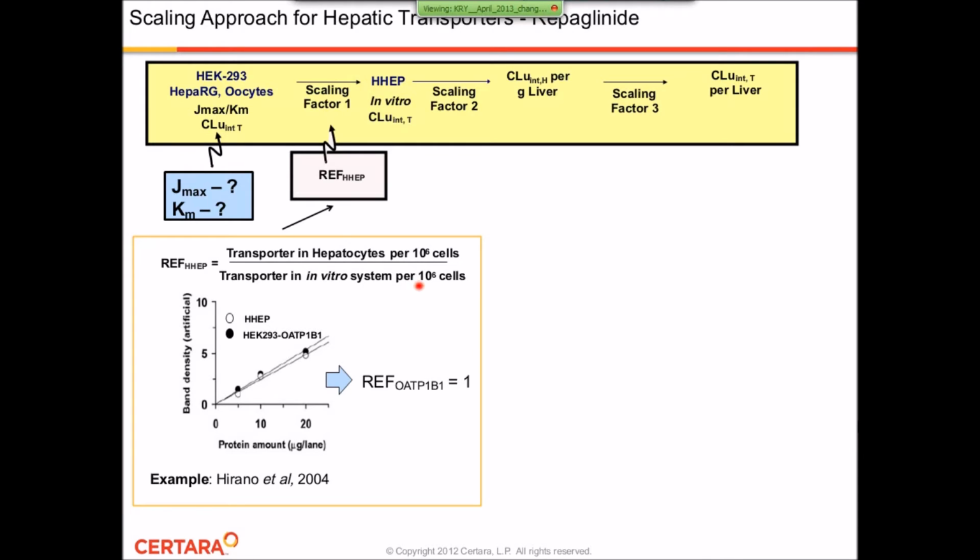And this is a relative expression factor in the hepatocytes relative to the in vitro system itself. And this is important because we have to make sure that we're correcting for the abundance values of the transporters in the system that we're measuring relative to what we're actually seeing in the liver.